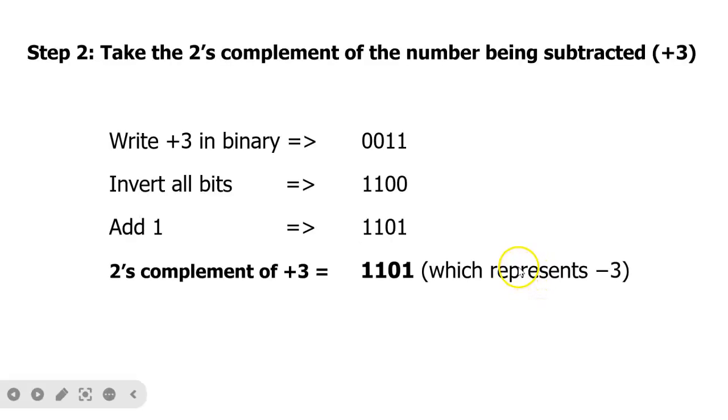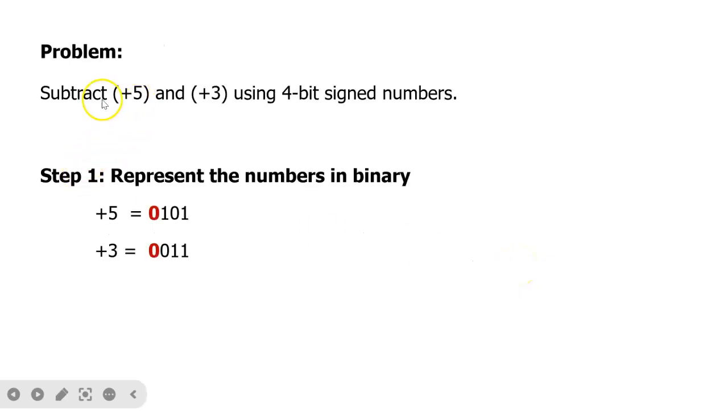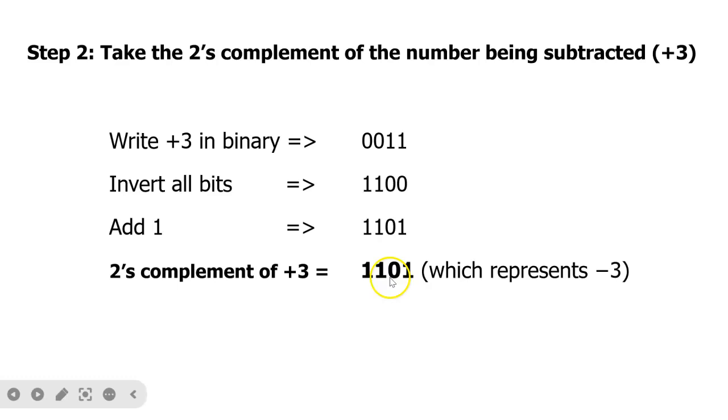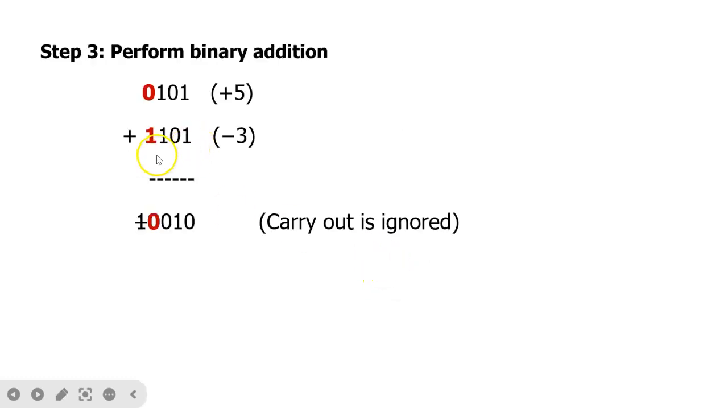The operation to be done is we are going to subtract 3 from 5. For 3 we have found the 2's complement representation, which is 1101. So the plus 5 value is written here and the 2's complement value of plus 3, that is 1101, which we found in step 2, is written here.